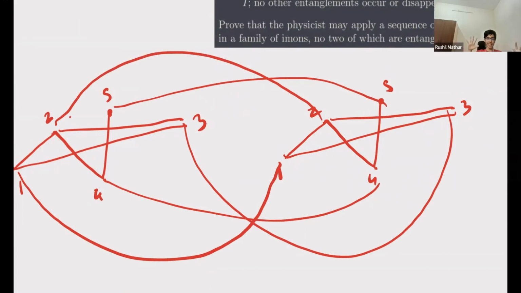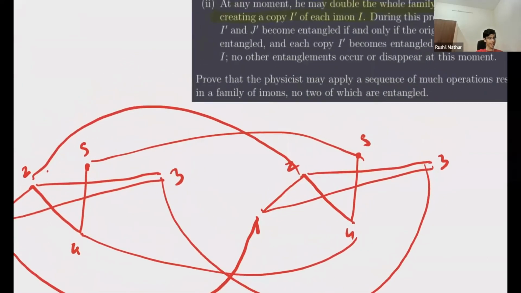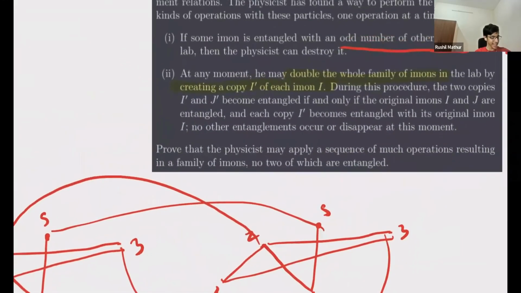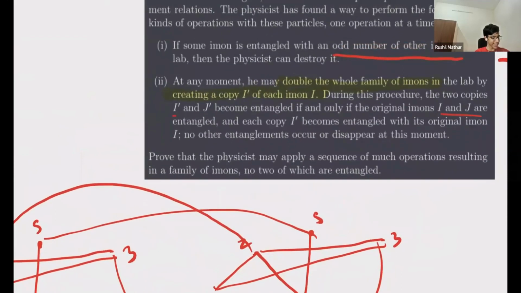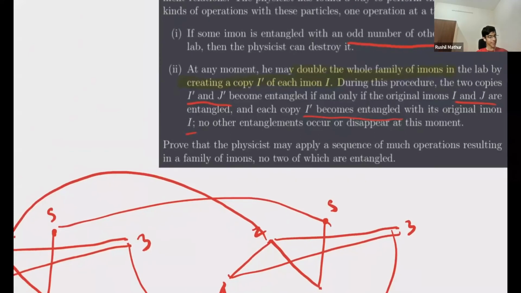So in some sense, it's getting more entangled and you've doubled everything. So i and j become entangled if i' and j' are entangled, and vice versa. And i' becomes entangled with its original i.